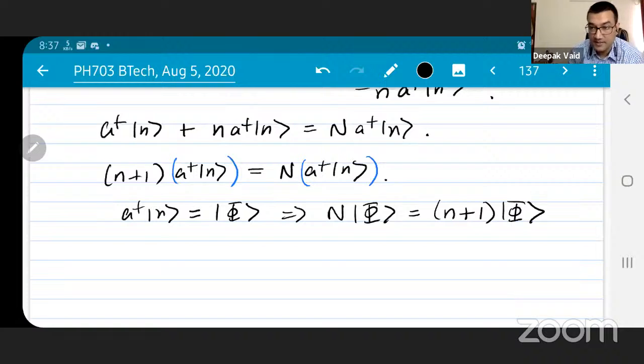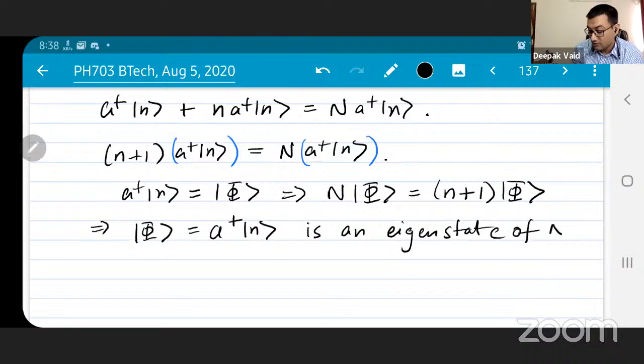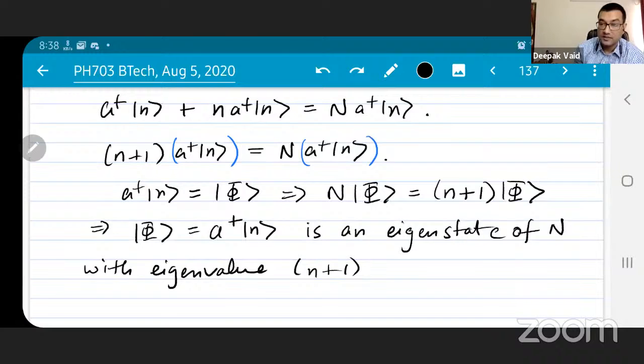So that means, as Shashwat also pointed out, that phi, or a dagger acting on n, is an eigenstate of n with what eigenvalue? n plus 1. Otherwise, people will think it's a factorial. It's an eigenstate of n with eigenvalue n plus 1.